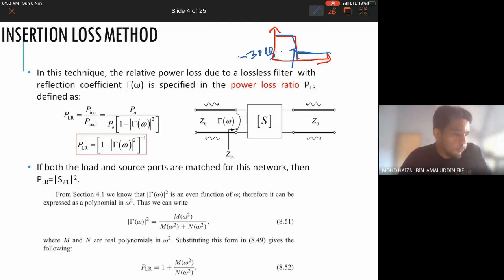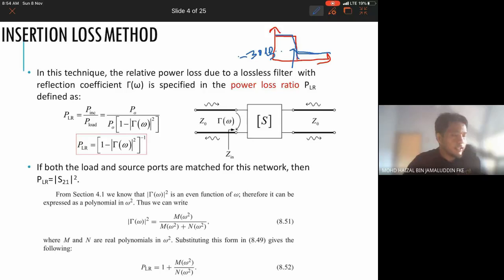Before we go any further into the calculation or derivation, we look back to the basics of the insertion loss method. Basically, we look at these two-port networks.